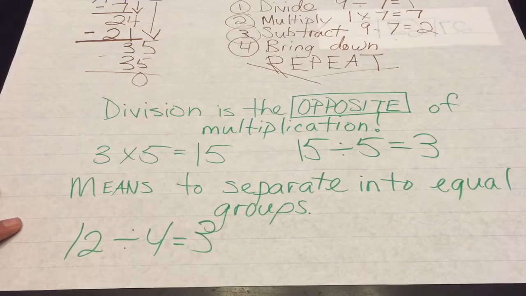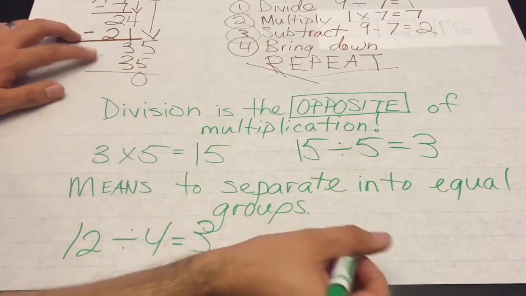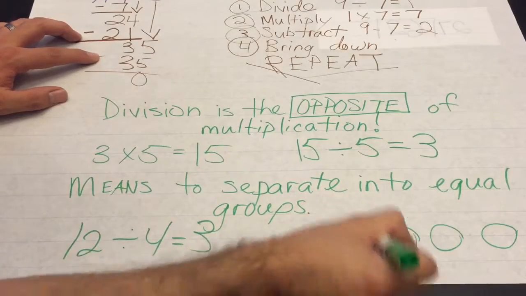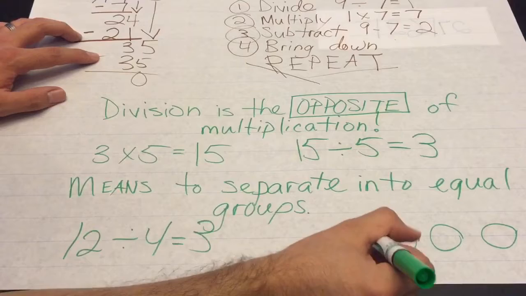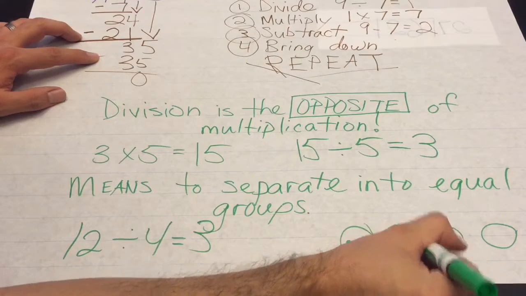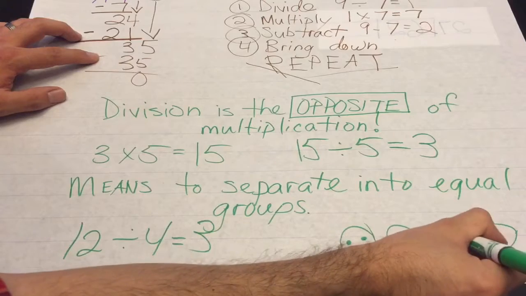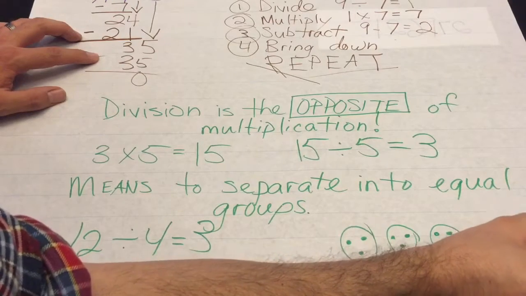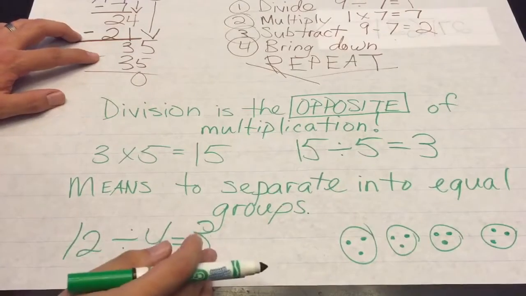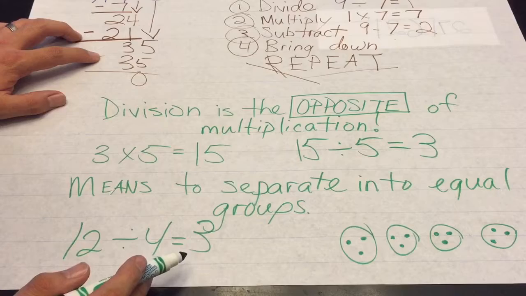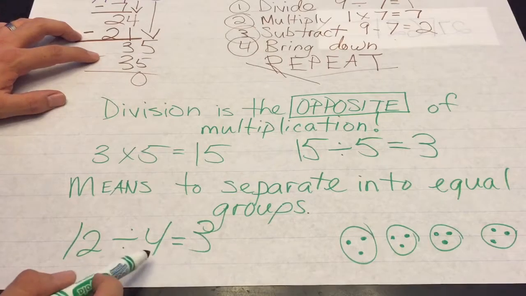Well, simple. Okay, let's go ahead and let's do 4 circles. 1, 2, 3, 4. And in each circle, we're going to do 3 dots. Okay, and this is a good representation of how division means to separate into equal groups.